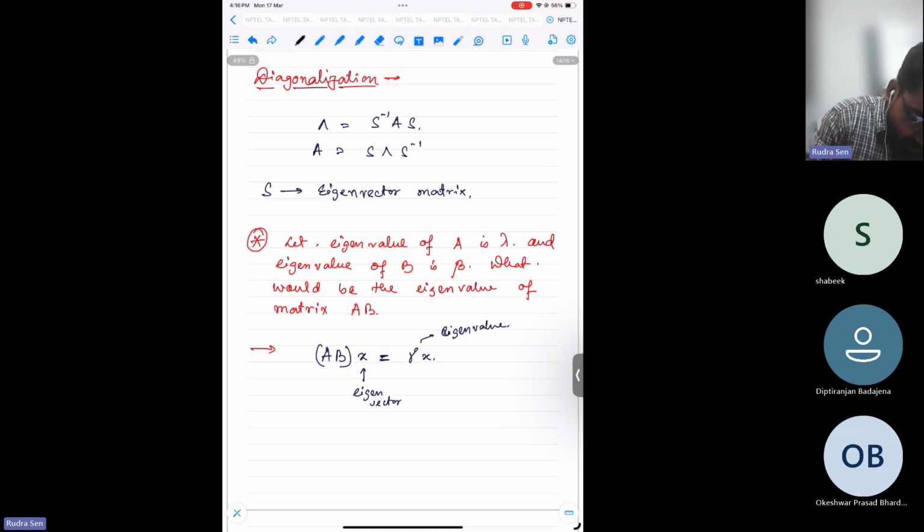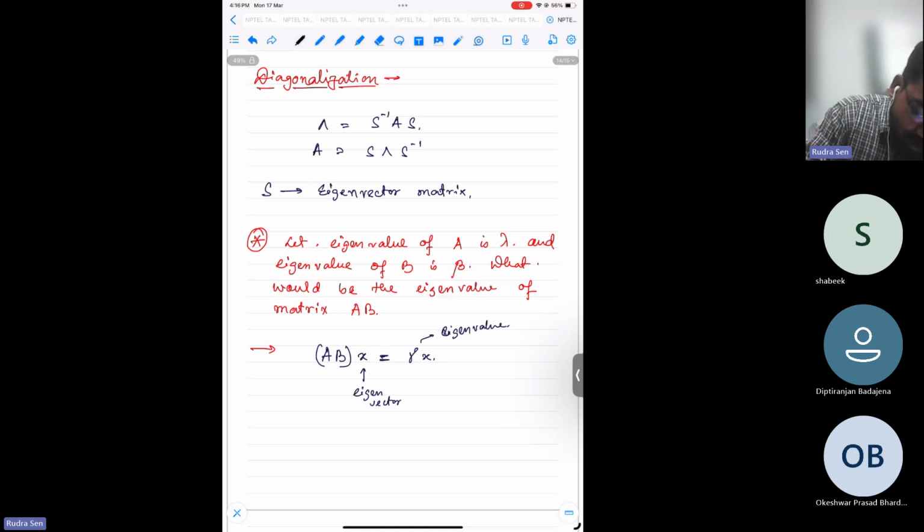So this is basically the actual thing. You may think, okay, I can do this kind of thing. B, so definitely Bx equals some beta times X. This is basically the eigenvalue-eigenvector structure.